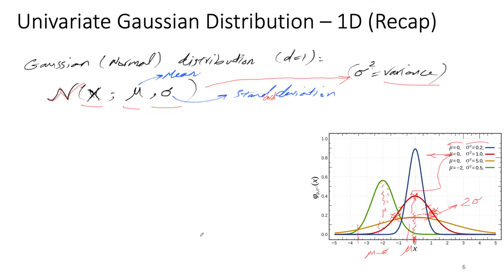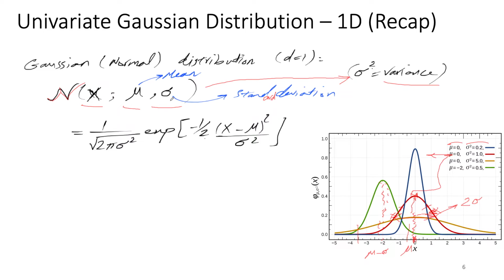So N of x, mu, sigma, right? These are the hyperparameters. All right. And the probability distribution that these points generate is going to be computed this way. So this is what we call a normalizing constant.